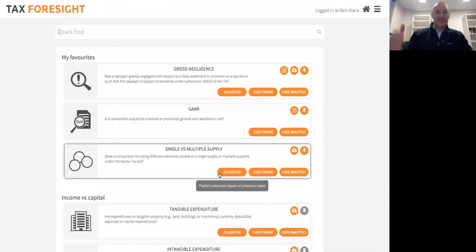But as these cases get decided, we add them to the databases that we're training our classifiers on. And so we're able to tell, at the time that we introduce new judgments as they come down, and compare them with what the algorithms would have predicted prior to the addition of those new cases. And what we're finding is that we're getting 90% plus accuracy.